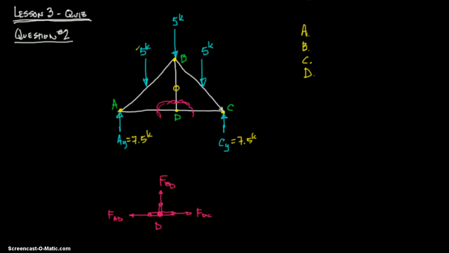Well, knowing what we know and going through truss design and method of joints, you try to look at what's in the X and Y directions. Well, right now you can't figure out X and Y. We know that F AD is going to equal F DC, and they're going to be in opposite directions.